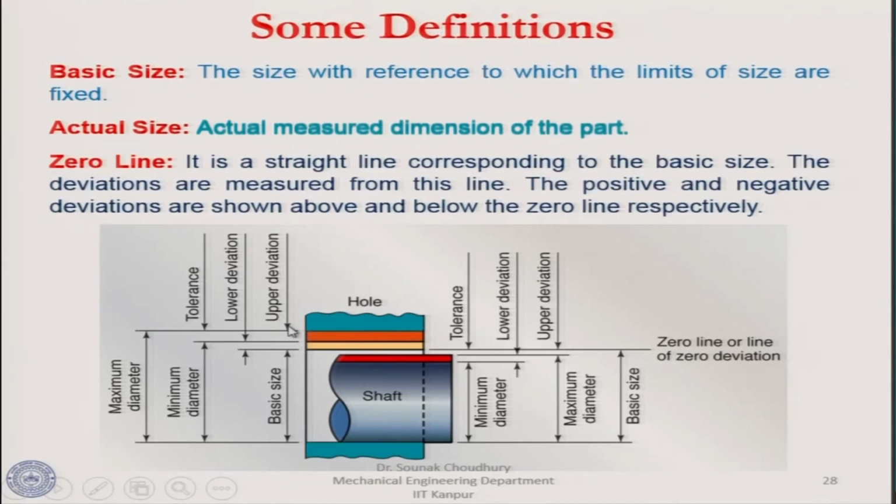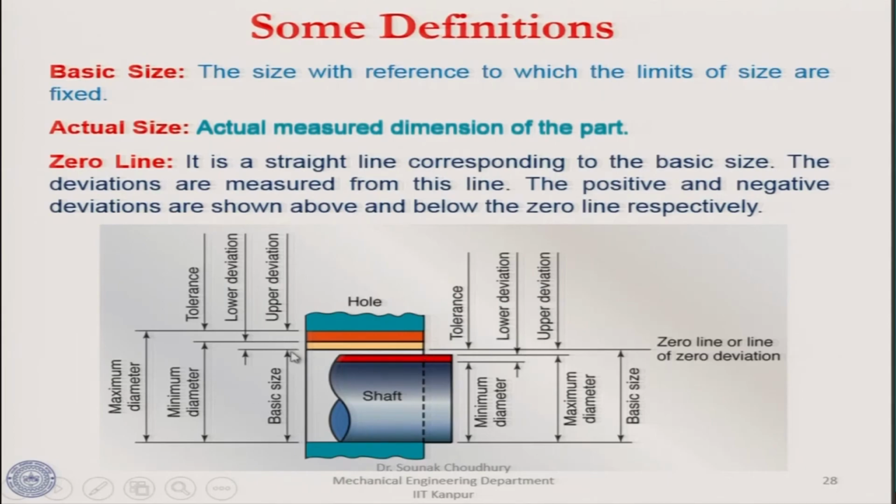In case of the shaft, this will be the upper deviation from here, and this is the lower deviation. That means the shaft cannot have more than the upper deviation, and cannot have less than the lower deviation.